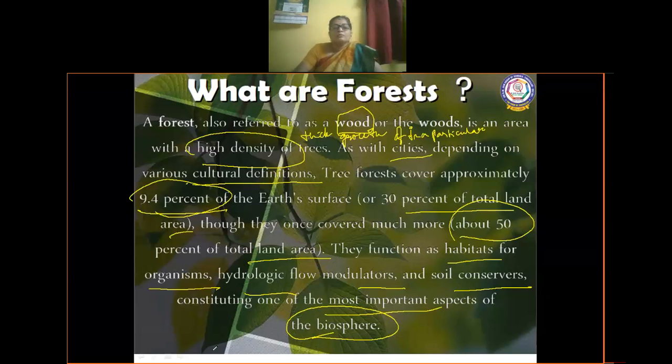So this forest is due to the biosphere. It's in this place, where the hydrosphere, lithosphere, and atmosphere come together, that life, like forests and natural vegetation, exists in the place called the biosphere.